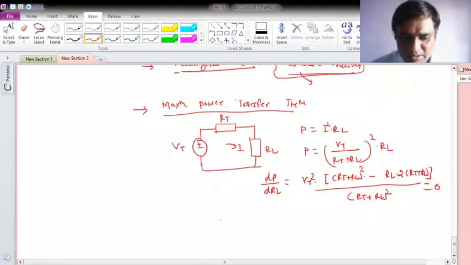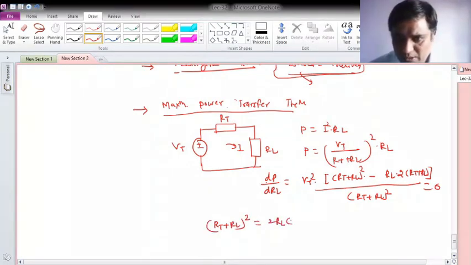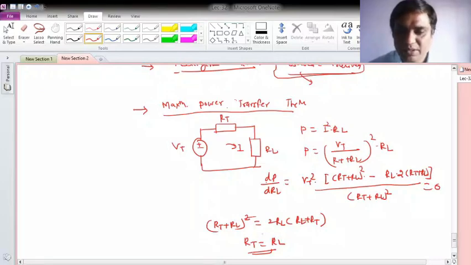If this is the case, then Rt plus RL whole square will be equal to 2RL into RL plus Rt. Okay, and then this will cancel with this, so your Rt will be equal to RL. So your maximum power will be transferred when your Thevenin's resistance will be equal to load resistance.